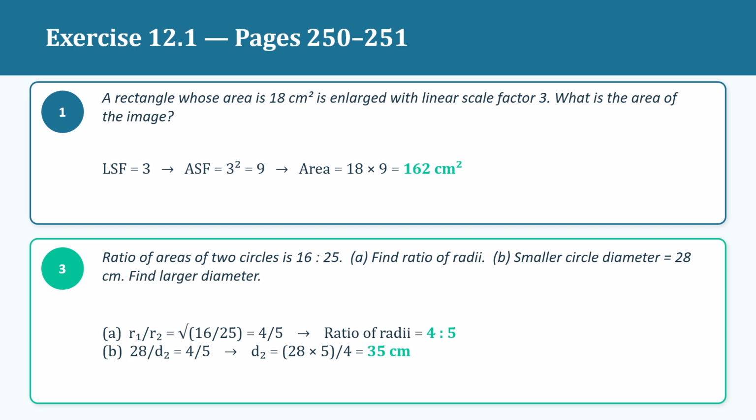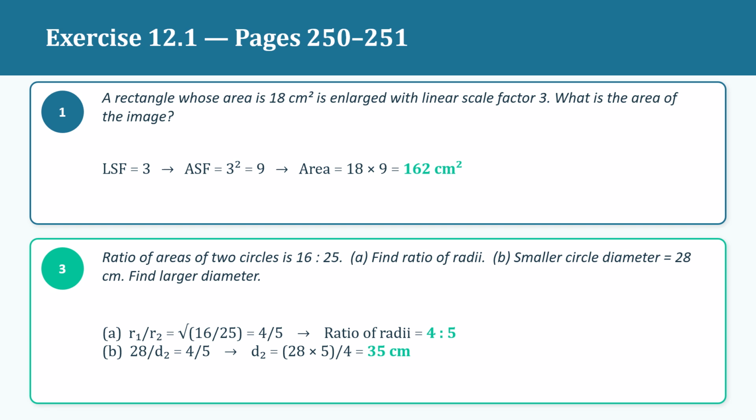To get the linear scale factor, we are supposed to take the square root. The square root of 16 is 4, the square root of 25 is 5. So the ratio of the radii is 4:5, or 4/5.